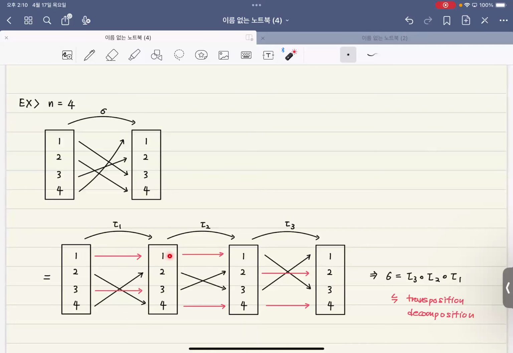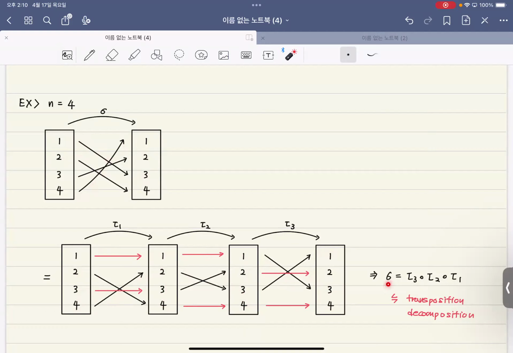1 goes to 1, and 1 goes to 1, and 1 goes to 3. So 1 goes to 3, right? And 2 goes to 4, 4 goes to 4, and 4 goes to 4. So 2 goes to 4. 3 goes to 3, 3 goes to 2, and 2 goes to 2. So 3 goes to 2. And 4 goes to 2, 2 goes to 3, and 3 goes to 1. So 4 goes to 1.